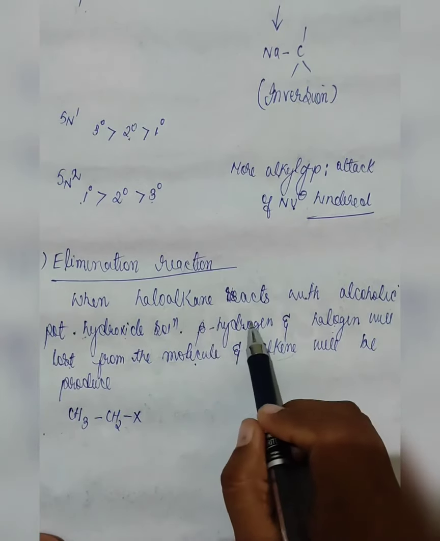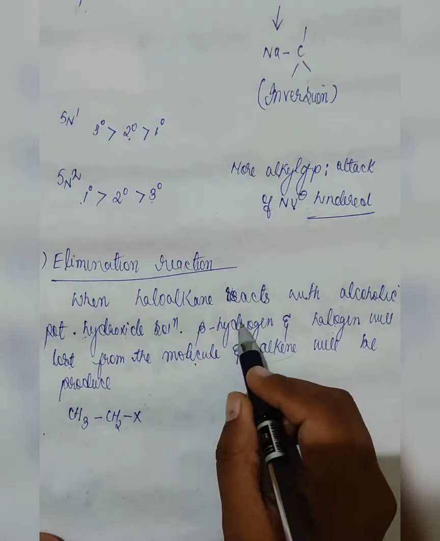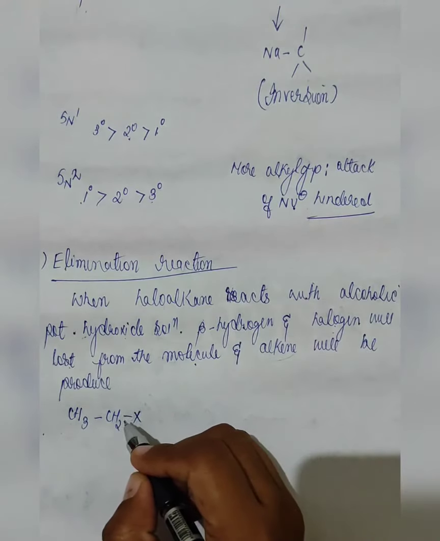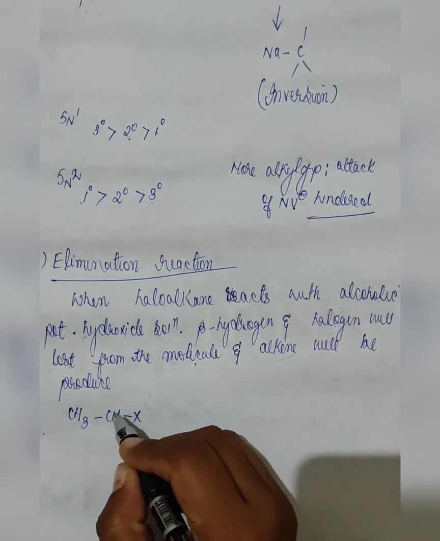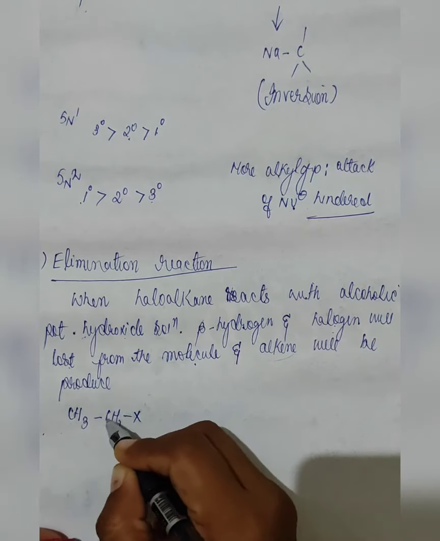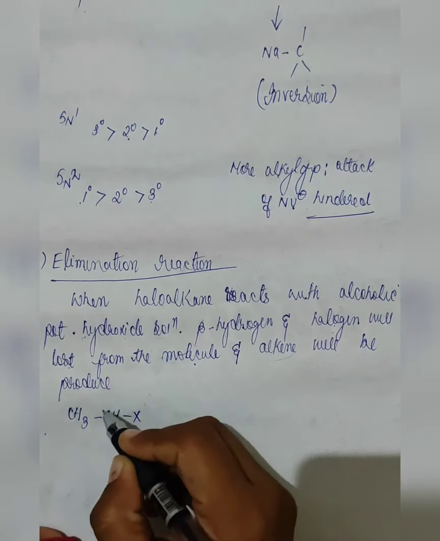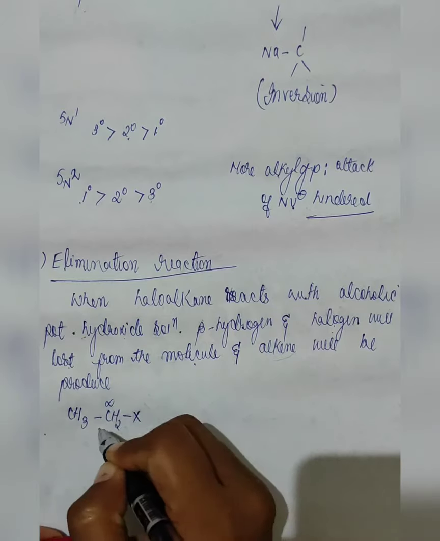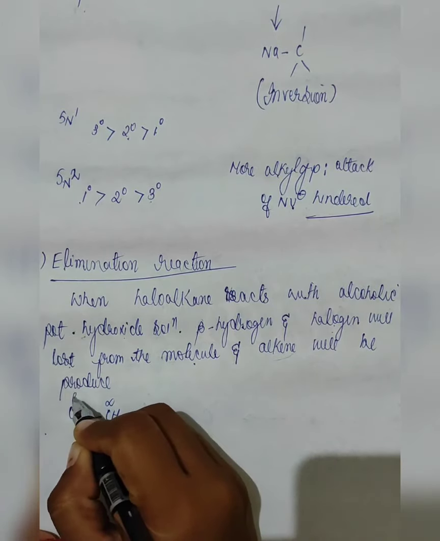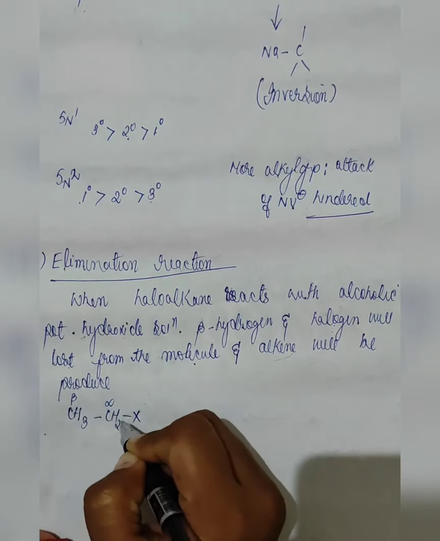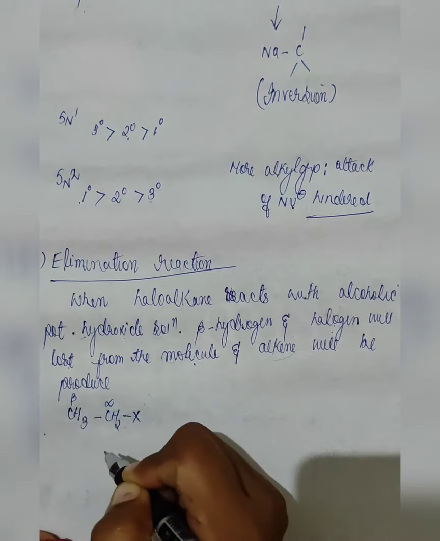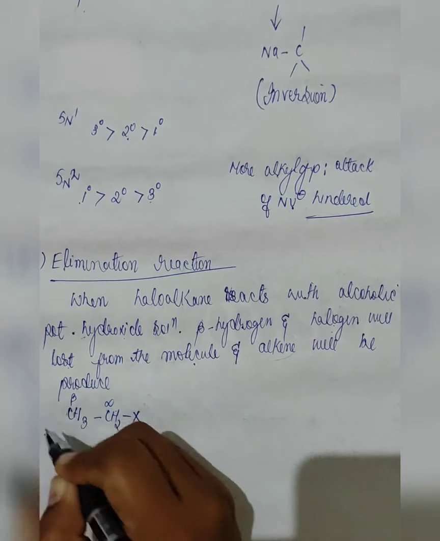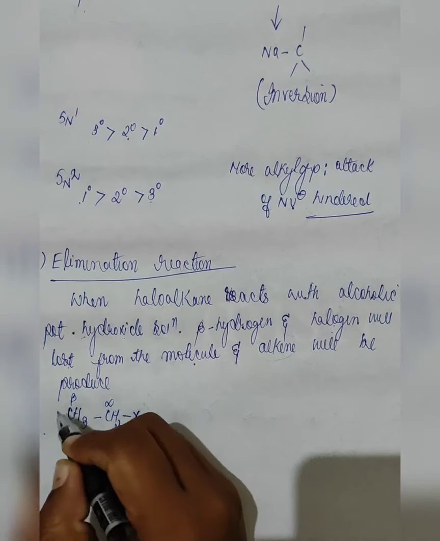Now what is beta hydrogen? Here the carbon which is directly attached to the halogen is your alpha carbon, and the second one is your beta carbon. So this is your alpha hydrogen, this is your beta hydrogen, and the next one becomes the gamma.